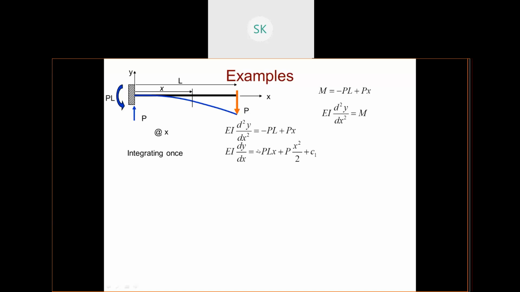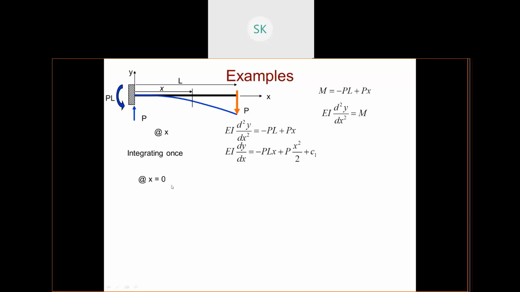If I integrate once, I get EI d square y by dx square becomes EI dy by dx equals: the constant part gives minus PL x, and the integration of x is x square by 2, so plus Px square by 2, and there will be a constant C1. Please stop me if you don't understand at any point of the class. Okay.